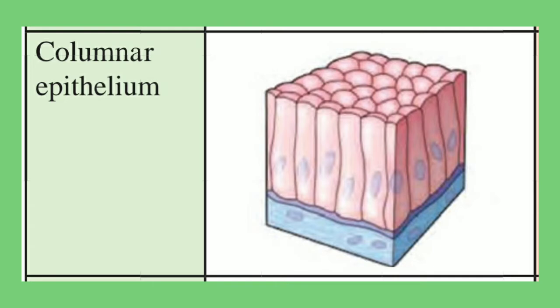Upper free surface bears folds made up of these cells at places of absorption. So, the functions are secretion of digestive juice, absorption of nutrients.